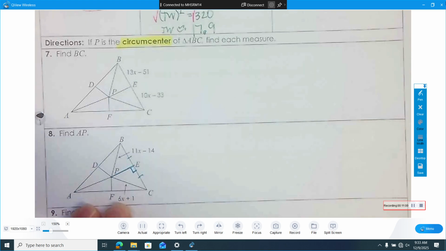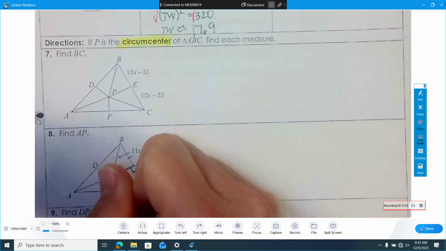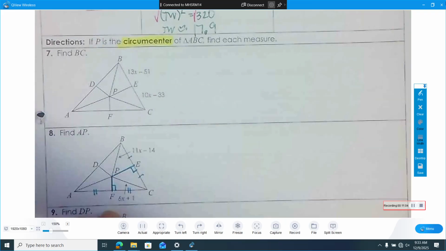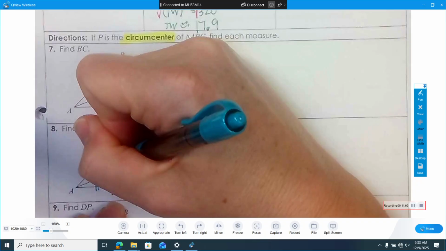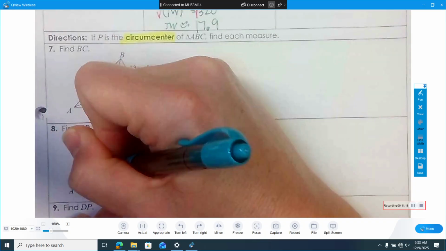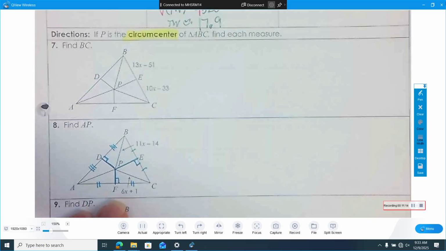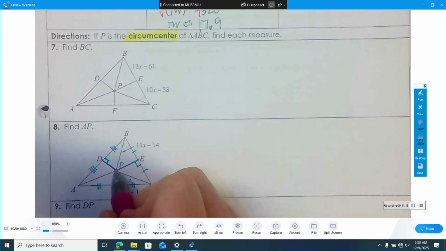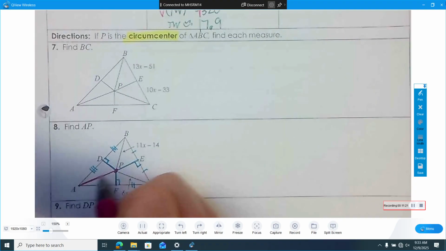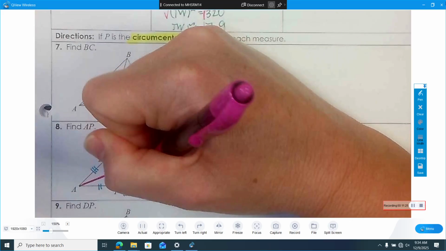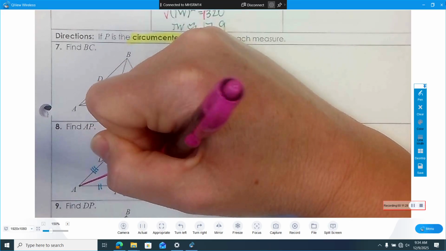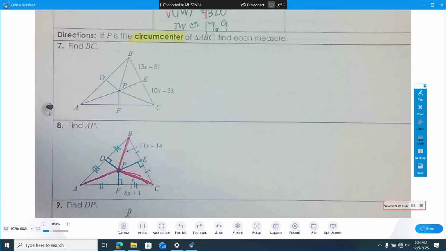So PE is a perpendicular bisector. PF is a perpendicular bisector. Mark your pictures. And DP is a perpendicular bisector, which means the spokes from the circumcenter to the vertices are all congruent. Whoops, I missed that line. Okay. So these pink lines are all the same length.